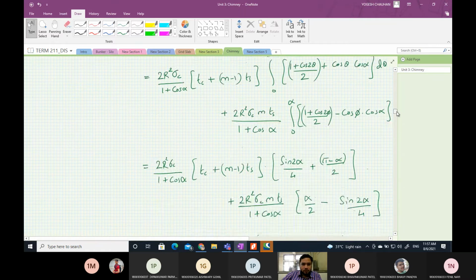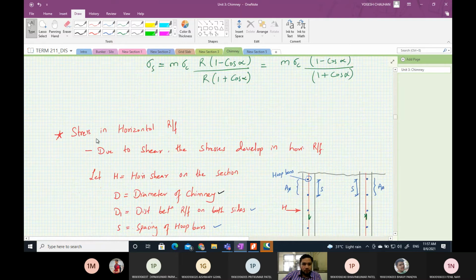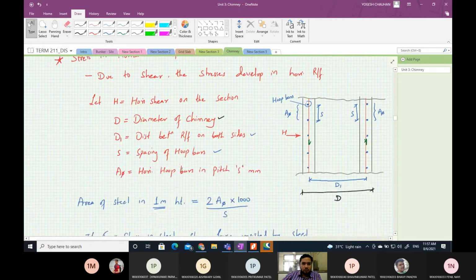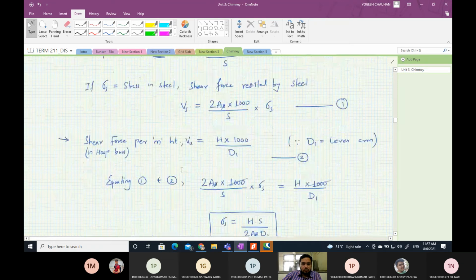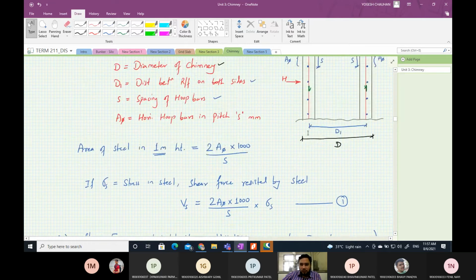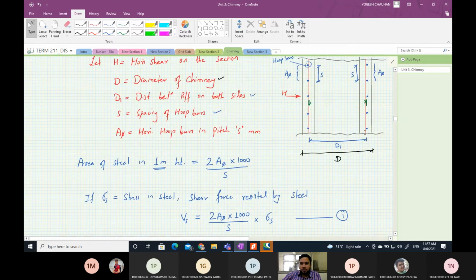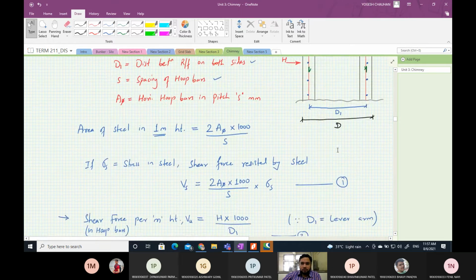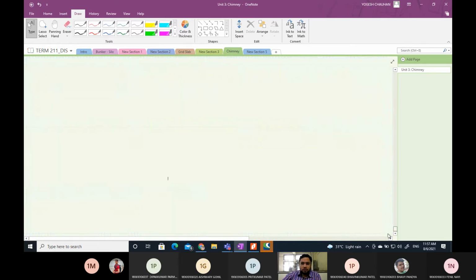So if you remember the theory class, we have found the stresses in the horizontal reinforcement, which is given by sigma s is equal to h into s by 2 a5 by d1, where d1 is the distance between the reinforcements on two sides.